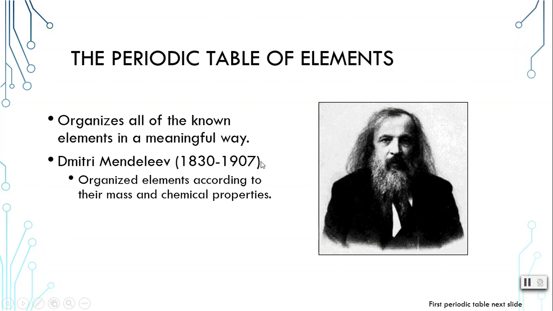Russian scientist. He was the first scientist really to organize elements according to their mass and their chemical properties. And so he was able to organize these elements in not just one long big list, but in a way that scientists could use to make predictions about how some elements will behave and how others will behave.